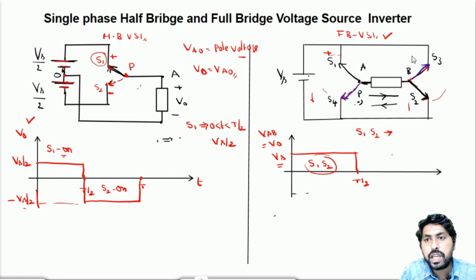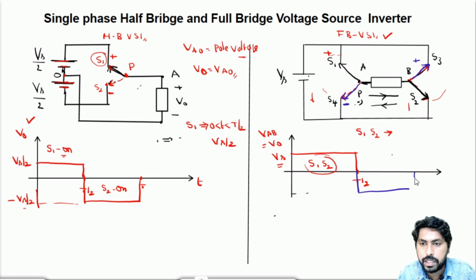The positive terminal is connected to B and the negative terminal is connected to A. So VAB is negative and it will be minus Vs from T by 2 to T.